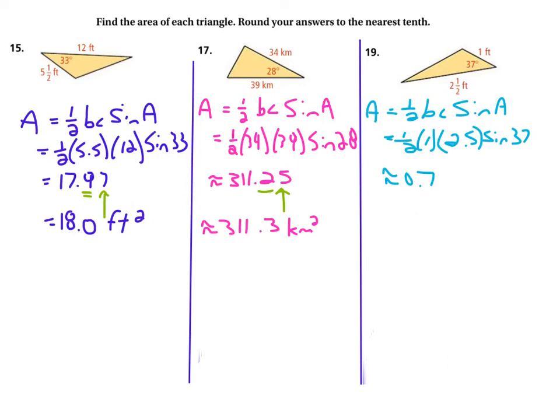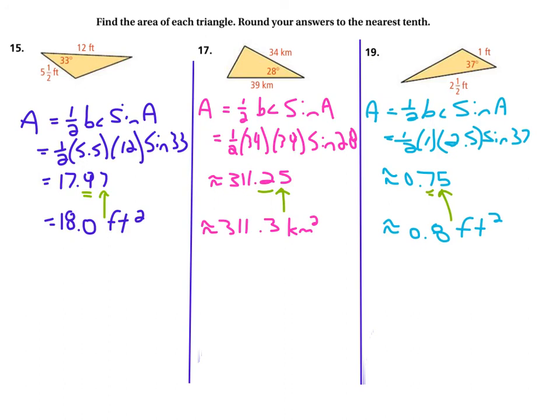That's all I need to take it out to because we are rounding to here. So we look here, is that 5 or higher? It sure is. So that 7 rounds up to 0.8. And what were the units? The units were feet. So 0.8 feet squared. And that's how you do them.